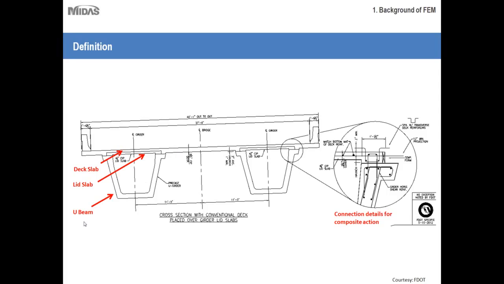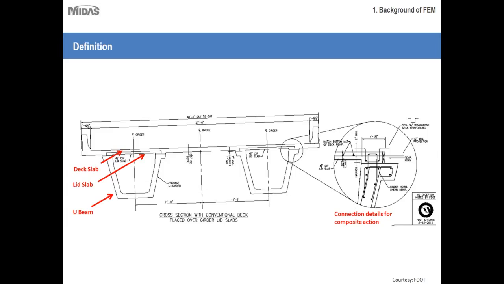Like I mentioned, this section has three parts: U-beam, lid slab, and deck slab. And this three-part section is found near the interior supports for the curved bridges, whereas the other part of the span will just have the U-beam and the deck slab. So there will not be the lid slab every time.